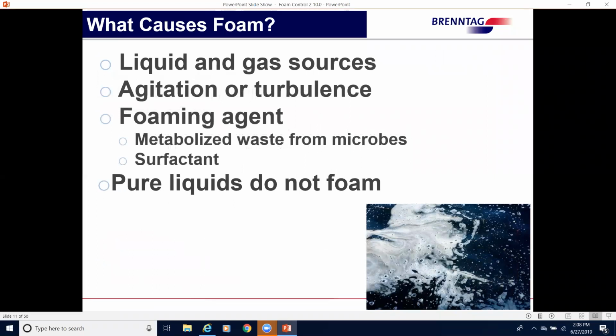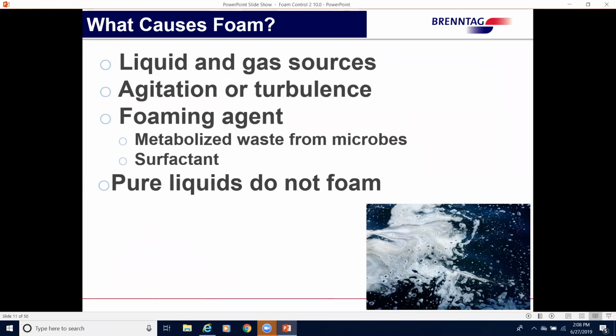So what causes foam? If you remember back to our definition we talked about previously, foam is a dispersion of a gas in a liquid. So, you absolutely need agitation or turbulence the majority of the time, and also a foaming agent such as a surfactant.